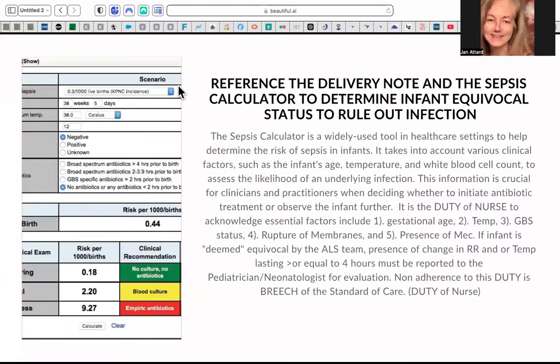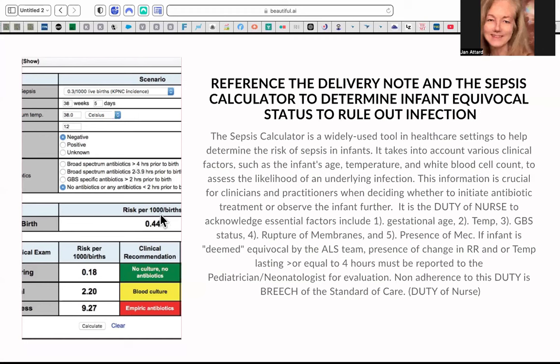and then we come up with this equation. It looks a little bit like this. There's pieces of this that are cut off, but we're taking a look at what are the weeks gestation, what is the temperature, is GBS positive or negative? Are we going to need to give broad spectrum antibiotics? And if the symptoms persist for greater than 4 hours, then this is considered.